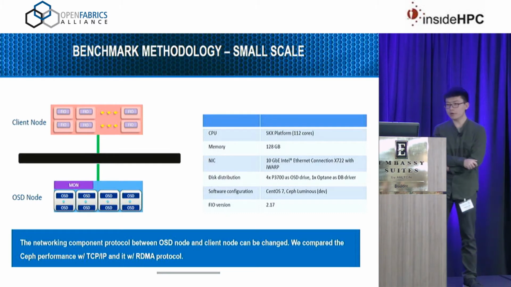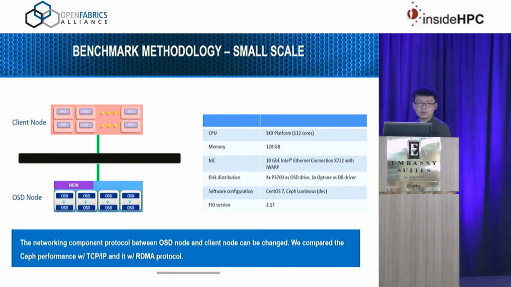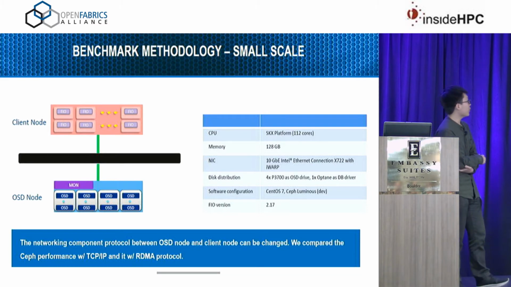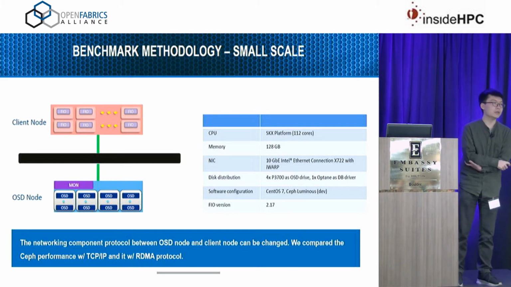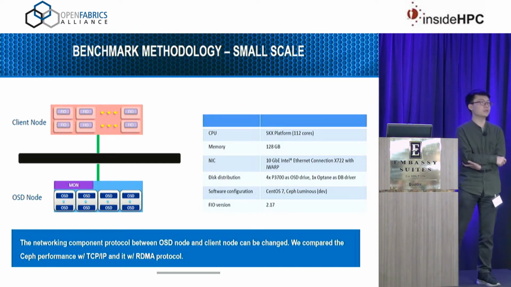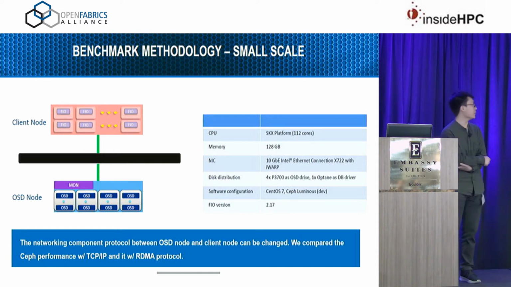FIO sends the request to the RBD volume, and the RBD volume handles the message and sends it to the remote OSD process through the RDMA networking component.